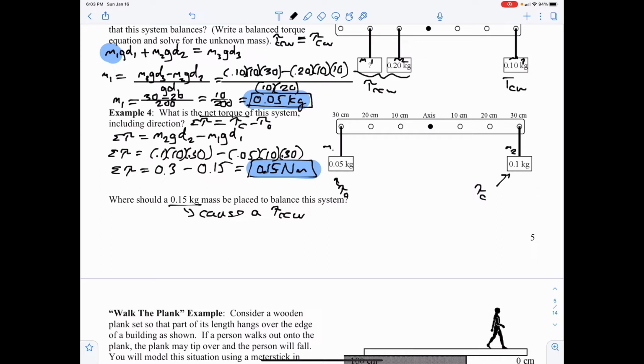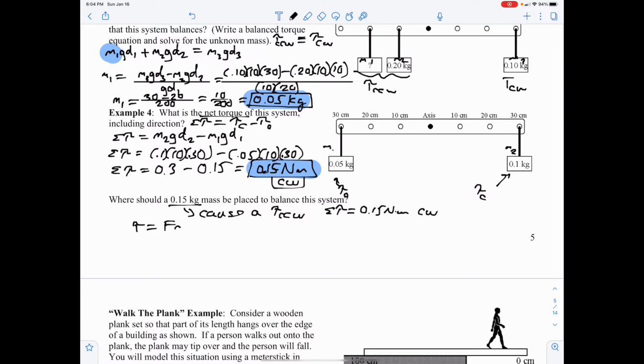So the net torque so far that we have is 0.15 Newton meters clockwise. Okay, to balance this, we need the same, but counterclockwise.